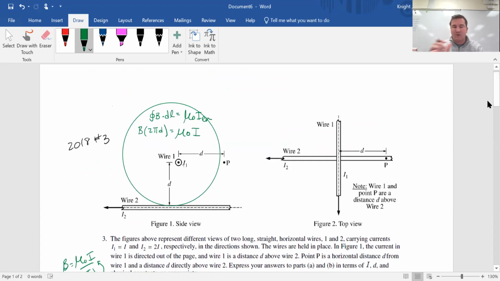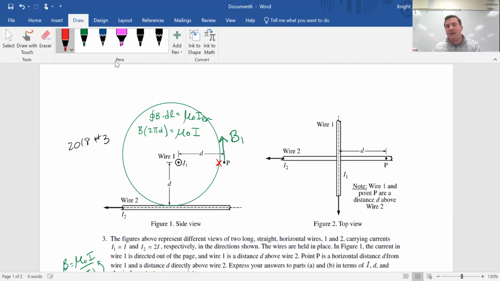We have the magnetic field that's created, if we do our right-hand rule, up from wire 1. So we have a magnetic field created this way from wire 1. But we also have magnetic field from wire 2, and wire 2 is passing to the right, which means we actually have magnetic field into the page. So X at point P as well.